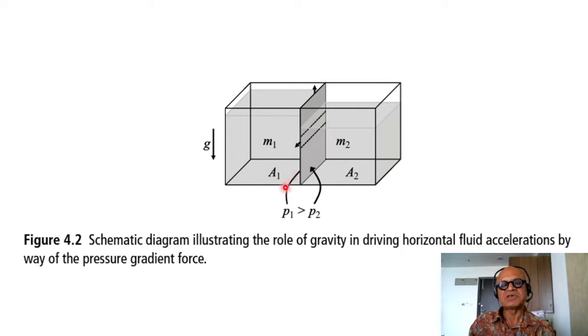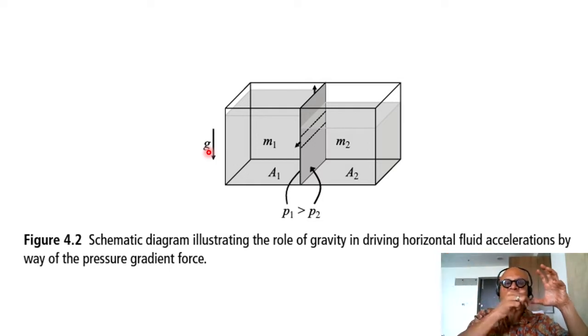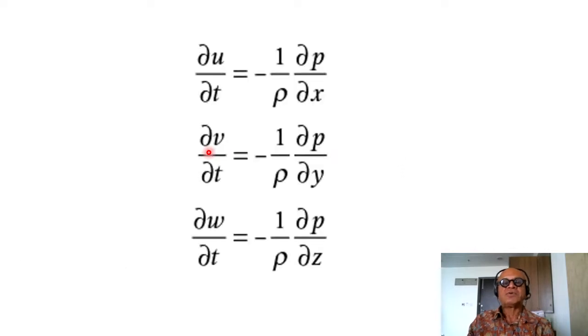For simplicity, assume that p1 is greater than p2, and gravity is always acting downward, although on a sphere you have to be careful because gravity is towards the center of the Earth. But when we look at an XYZ piece of the ocean, you have to remember that we are on a sphere, so there are some details there that matter when you actually want to do the full equations, which we're not getting into here.